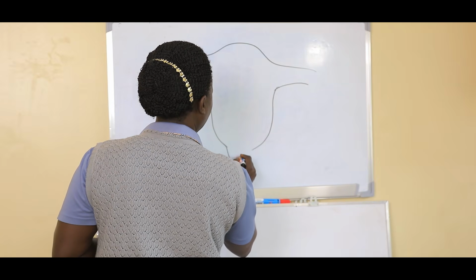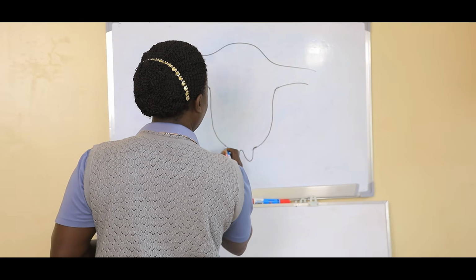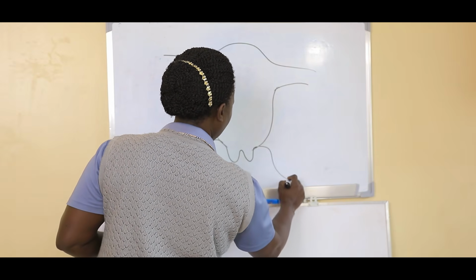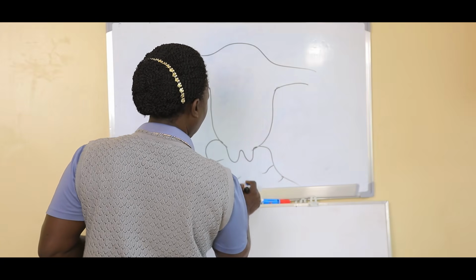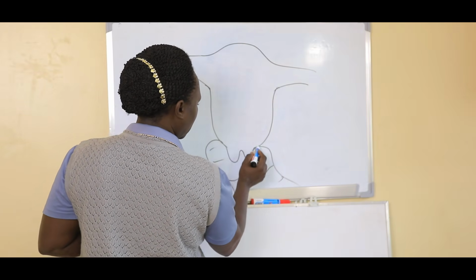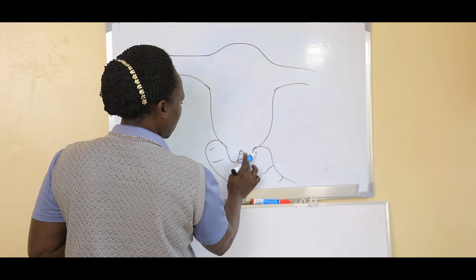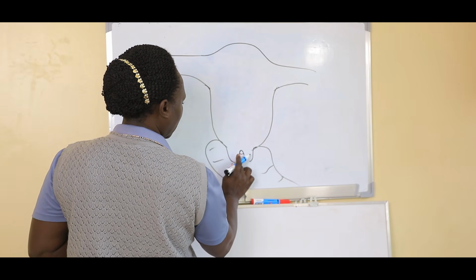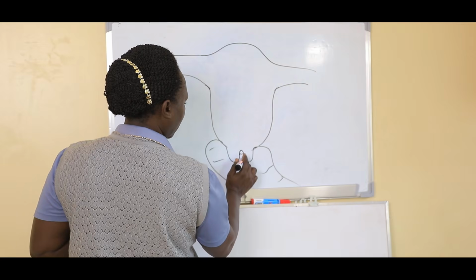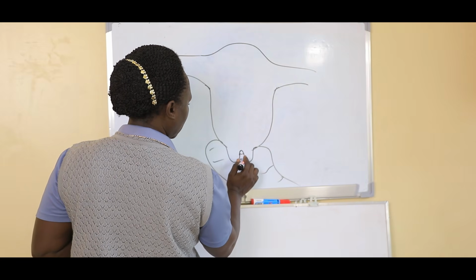Then it has the cervix and the vagina. This is the cervix. The cervix is having also an os.